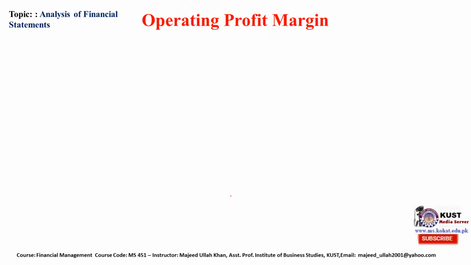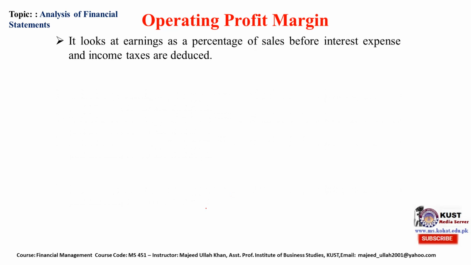Operating profit margin. Operating profit is the profit calculated when gross profit is reduced by operating expenses. So it is earnings as a percentage of sales before interest expense and income taxes.